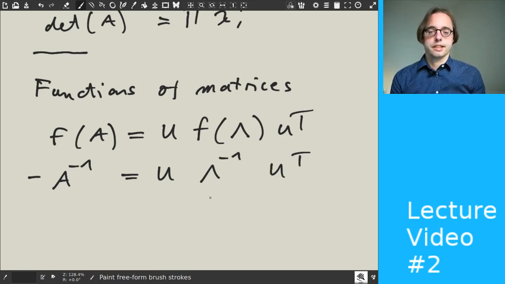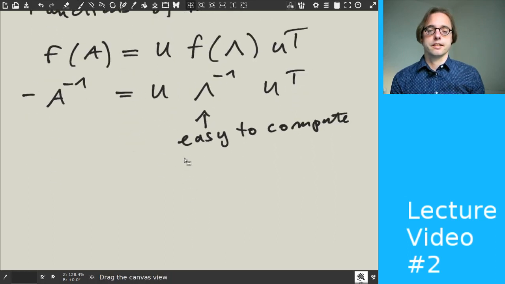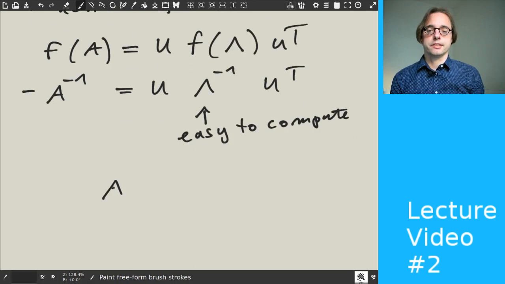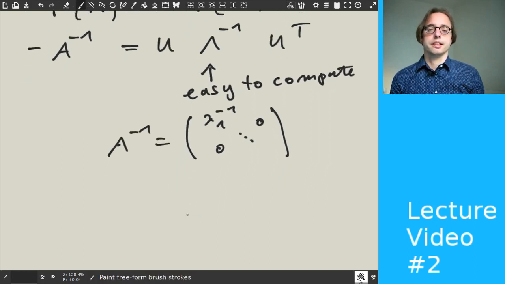And the idea is this is easy to compute because it's a diagonal matrix. Because it's a diagonal matrix, we can just apply it individually to the individual eigenvalues. So this would be the first eigenvalue inverted and so on, and everything else stays the same. So that's a nice thing when you have diagonal matrices, then you just apply it to the individual components.